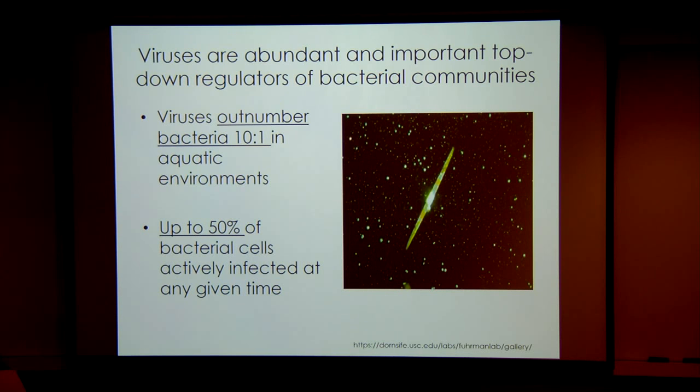And up to about 50% of bacterial cells are infected by a virus at any given time. So this is really impacting mortality and the food web dynamics within microbial communities.